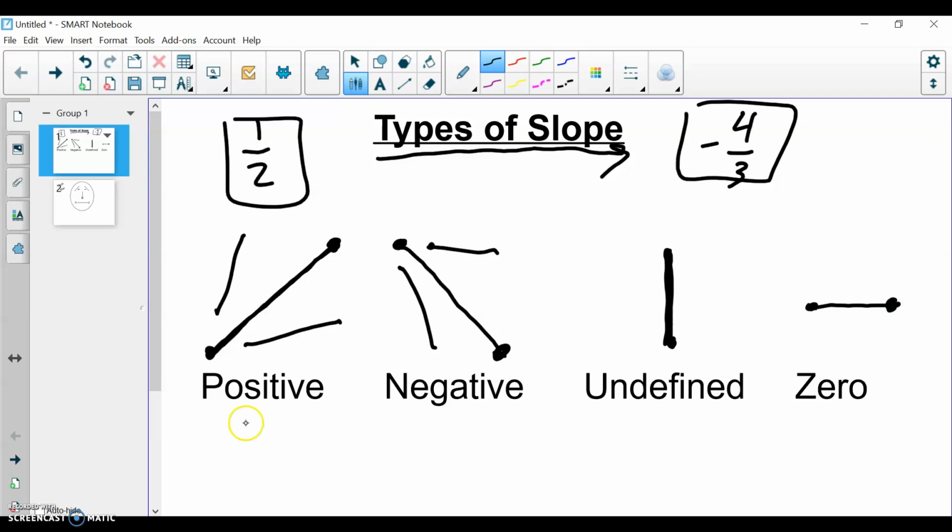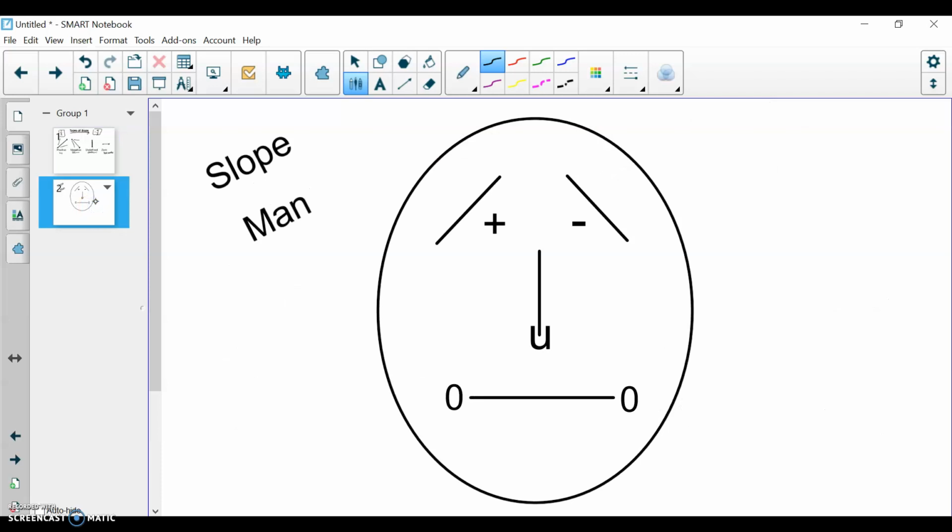Okay, so positive slopes go up, negative slopes go down, undefined slopes are your vertical lines, and zero slopes are your horizontal lines.